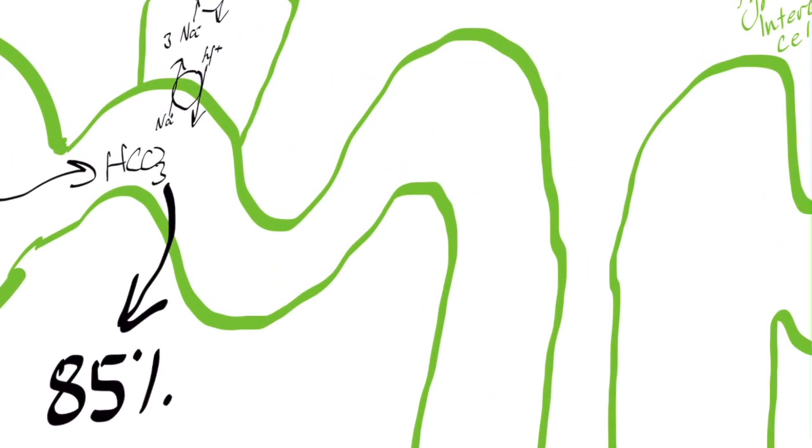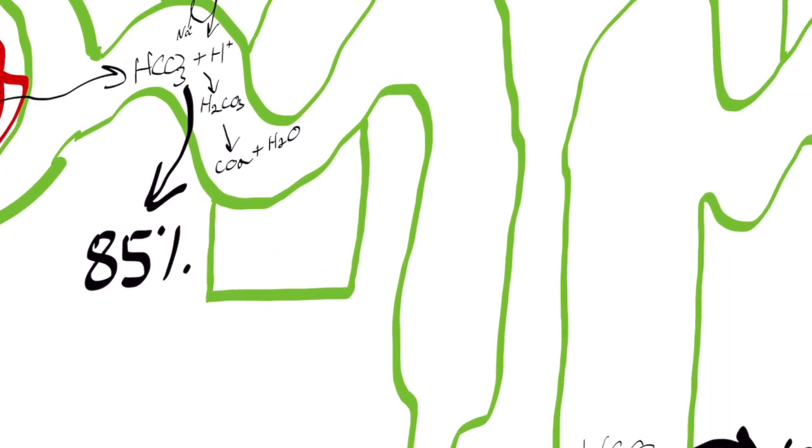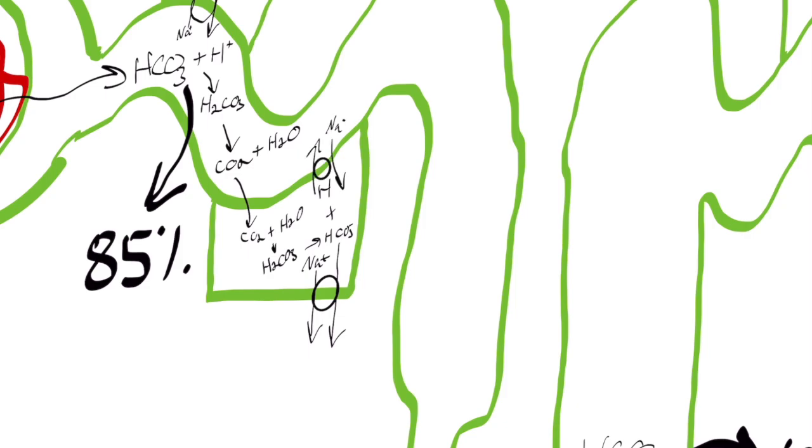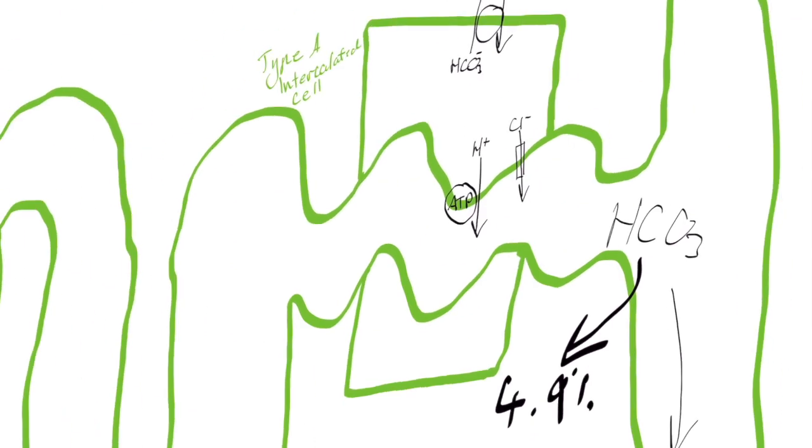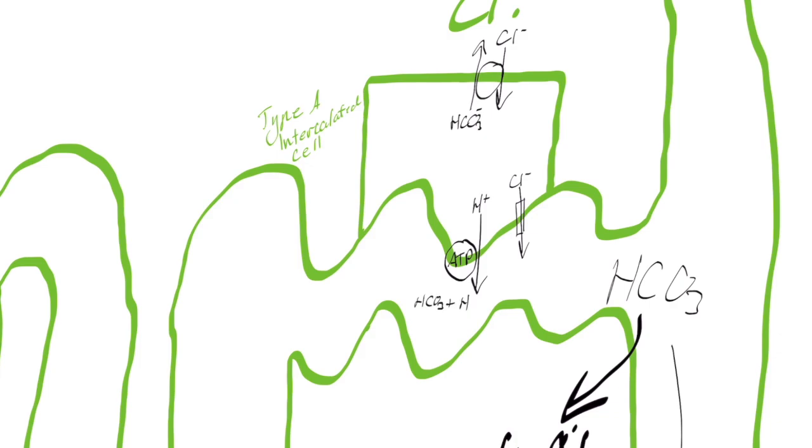So with our hydrogen that's been secreted, it will combine with our filtered bicarbonate, make carbonic acid, dissociate into CO2 and water, and the CO2 can easily diffuse across cell membranes, and the reaction happens in reverse, so you get hydrogen and bicarb at the end of the reaction. The bicarb can follow sodium out of the cell, while in our distal convoluted tubules or our intercalated cells, bicarb is exchanged with chloride.